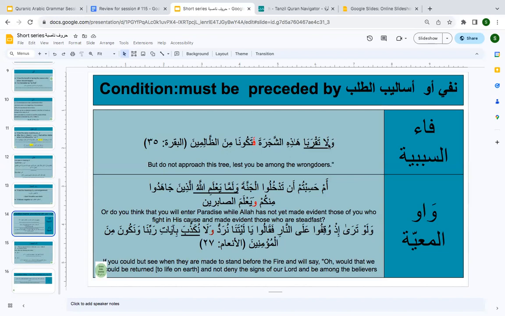Is it la nahiya? Yes or no? Or la nafiya? The question is la nafiya or nahiya. Because you are seeing mudare majzoom after it, kindly label it la nahiya. And so this is making up your forbidding. Do not come near this tree, right? Do not come near this tree.